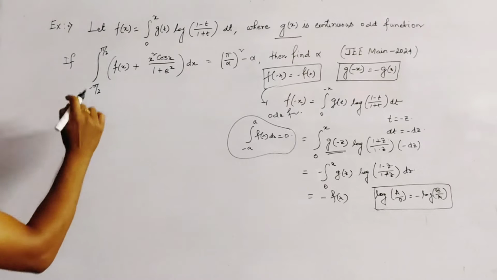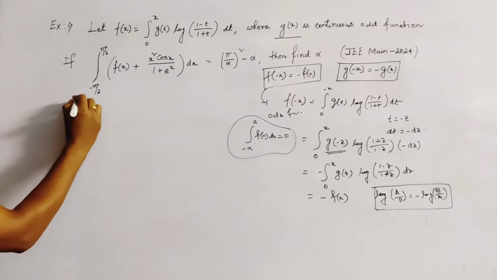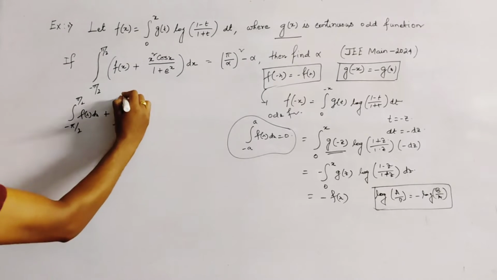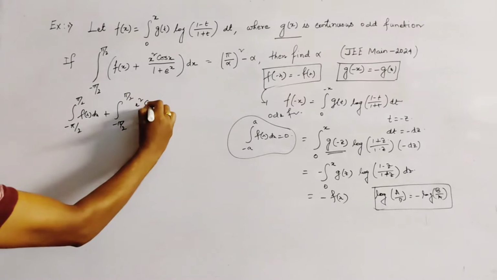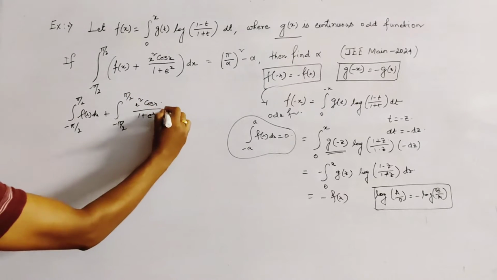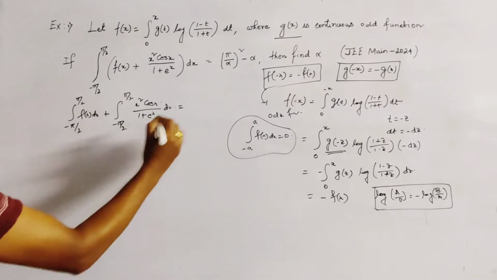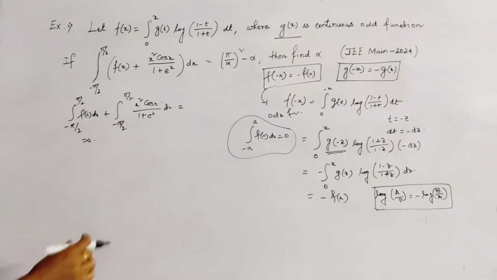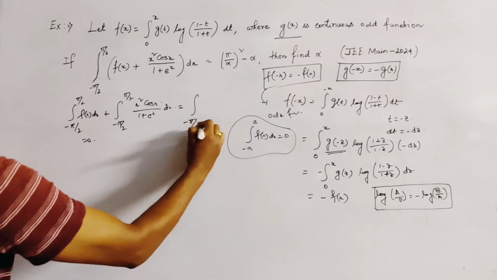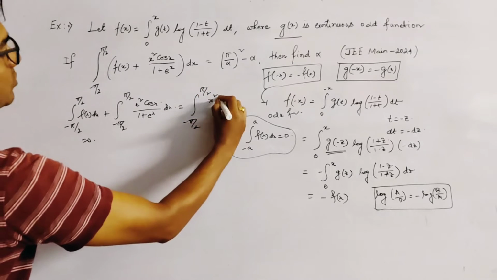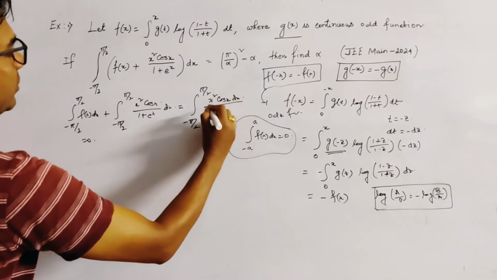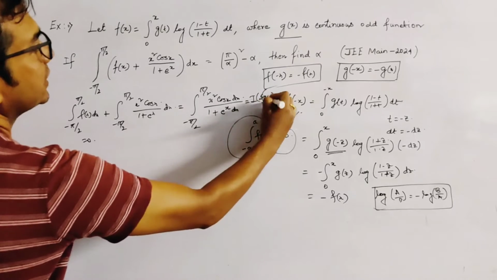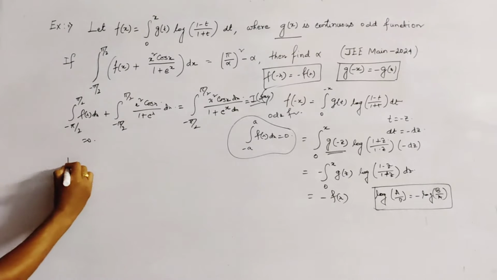So for this expression, integration minus pi by 2 to pi by 2 f(x) dx plus integration minus pi by 2 to pi by 2 x square cos x by 1 plus e to the power x dx, the first integration becomes 0 by the odd function property, and this becomes integration minus pi by 2 to pi by 2 x square cos x dx by 1 plus e to the power x. We say this integration is I.